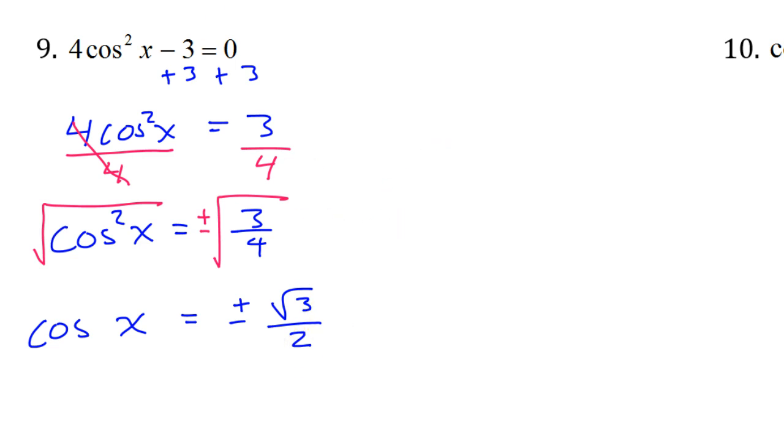Okay, right now you should be asking yourself about the reference angle. The cosine of what is radical 3 over 2? Forget about the plus or minus for a moment. The cosine of what is radical 3 over 2? Hopefully you are thinking pi over 6. So that tells us the reference angle. So the reference angle is pi over 6.